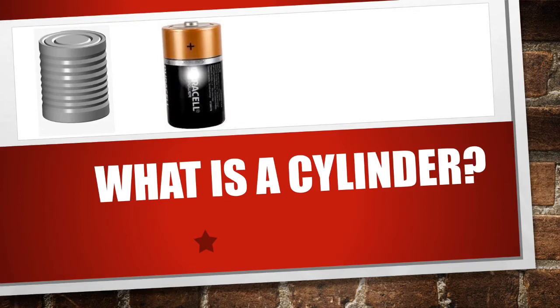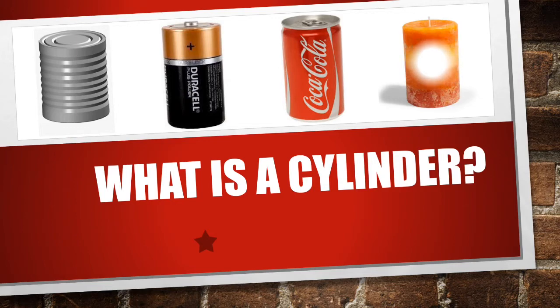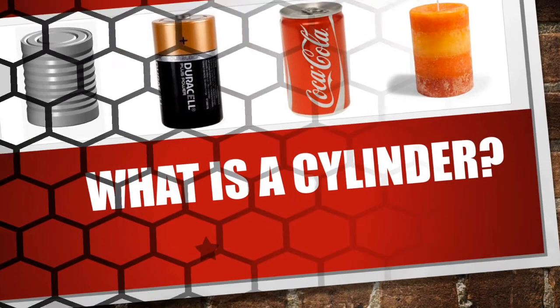Obviously, this battery right over here is another example of a cylinder. This soda right here, another example of a cylinder. And finally, we have a scented candle to set the mood.